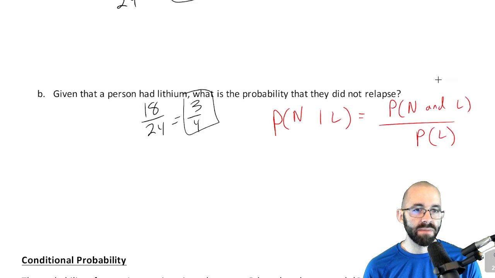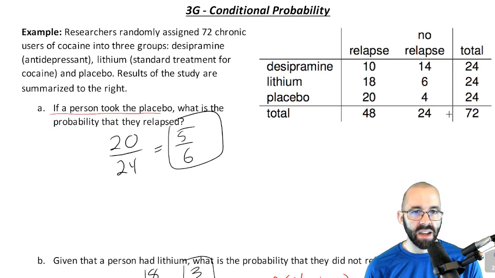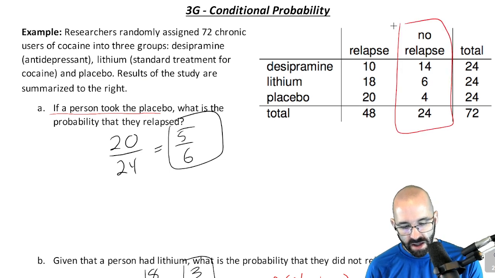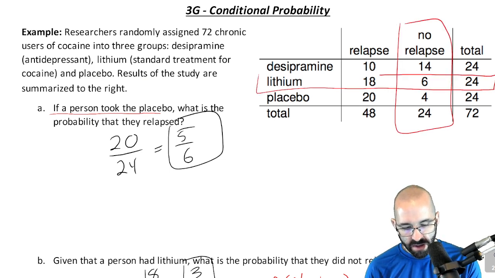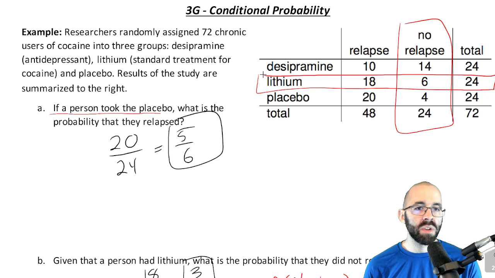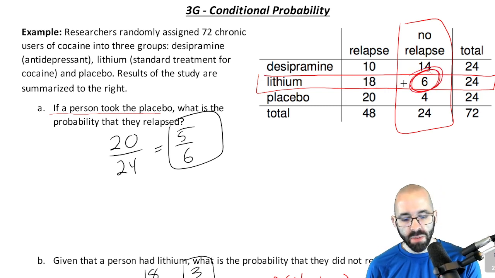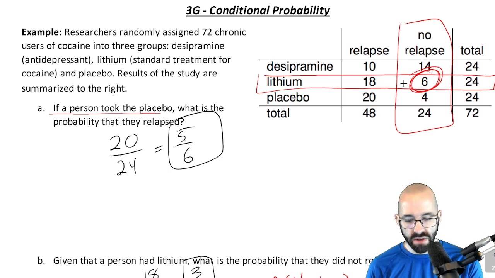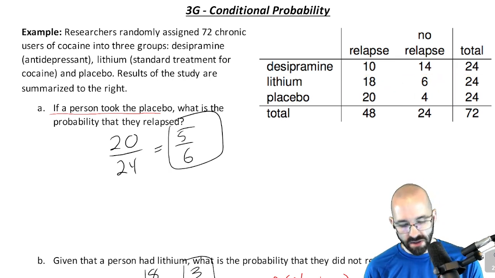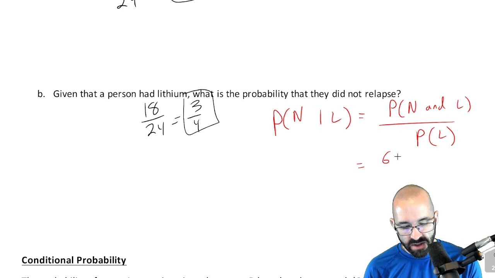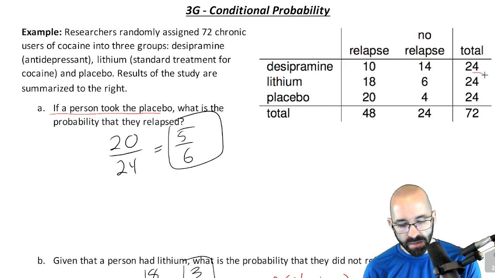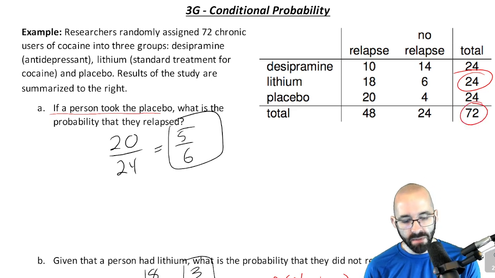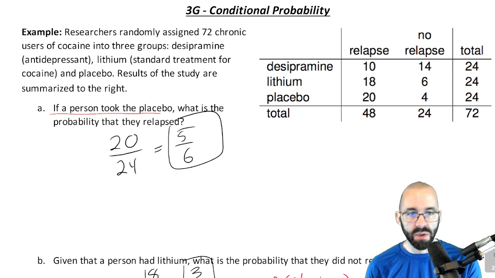So what's the probability that they didn't relapse and had lithium? It's that overlap. There were 6 people out of 72. That's 6 out of 72 divided by the probability of lithium. 24 had lithium out of 72 total.